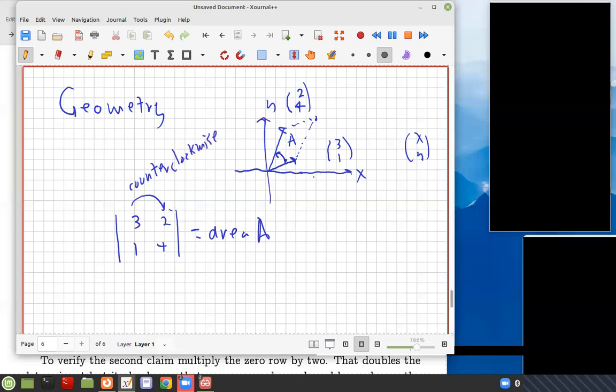So if you're sweeping from here to here, that's a counterclockwise direction, then this is going to be a positive number. It'll actually be the area.